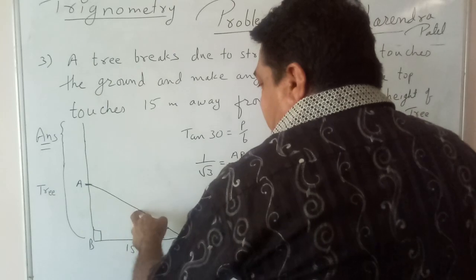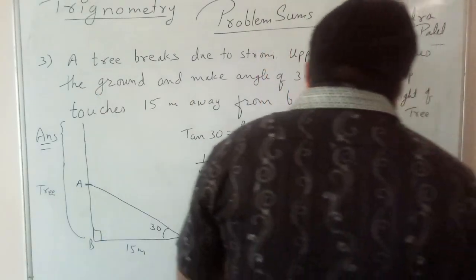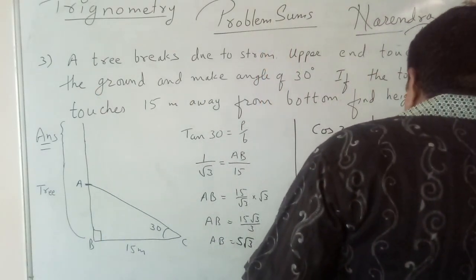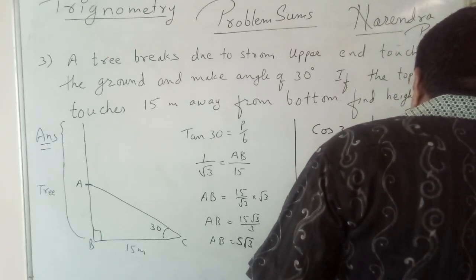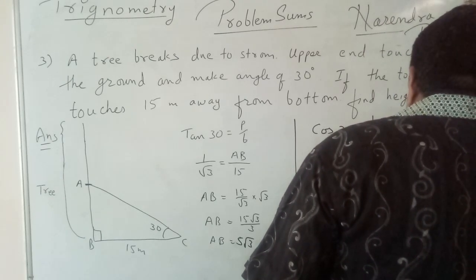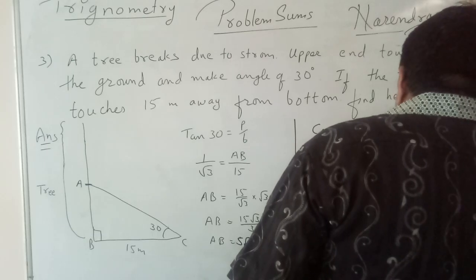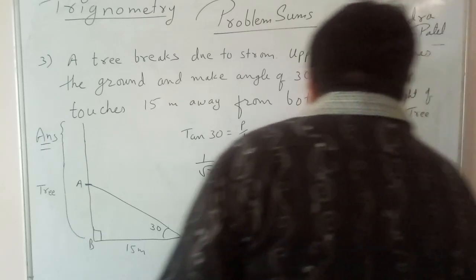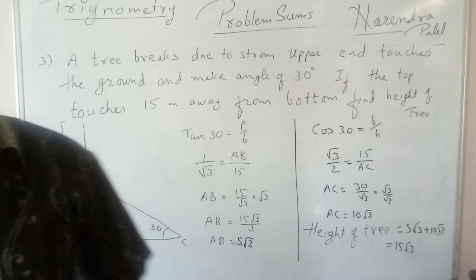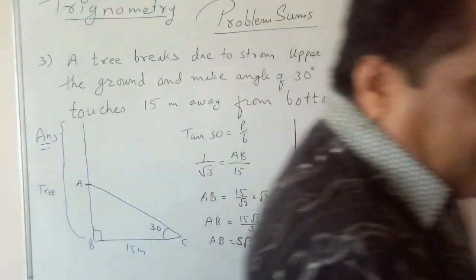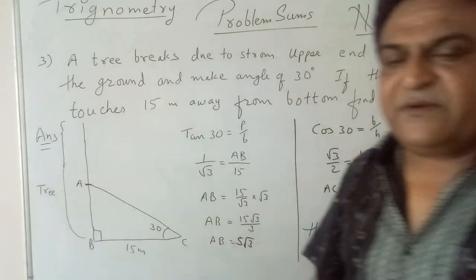If we add these two, we will get the whole height. The height of the tree is equal to 5 root 3 plus 10 root 3, which means 15 root 3. 15 root 3 is the height of the tree, which they have told you to find.